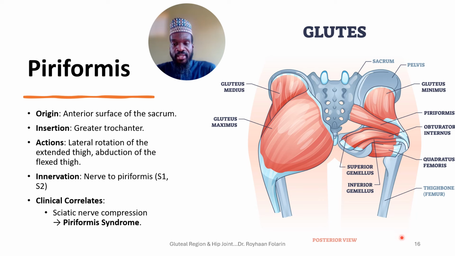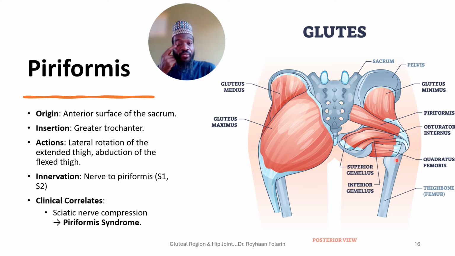When the thigh is extended, the thigh is already posteriorly orientated, then you want to laterally rotate that thigh. The piriformis comes into action in this instance. So it's innervated by what we refer to as the nerve to the piriformis, and that's contributed to by the first and second sacral spinal nerves.